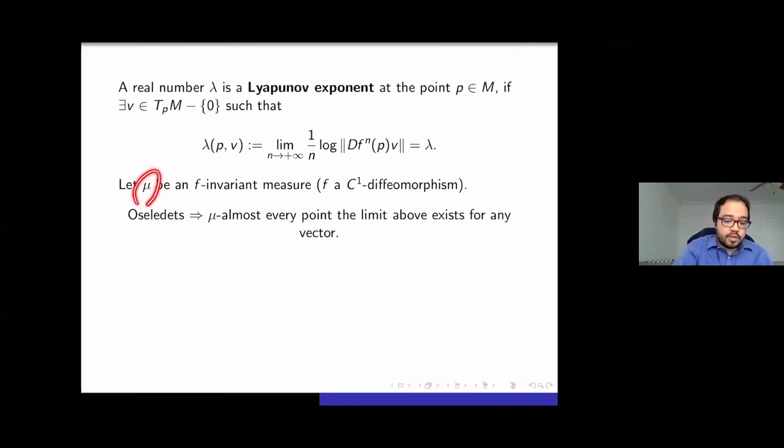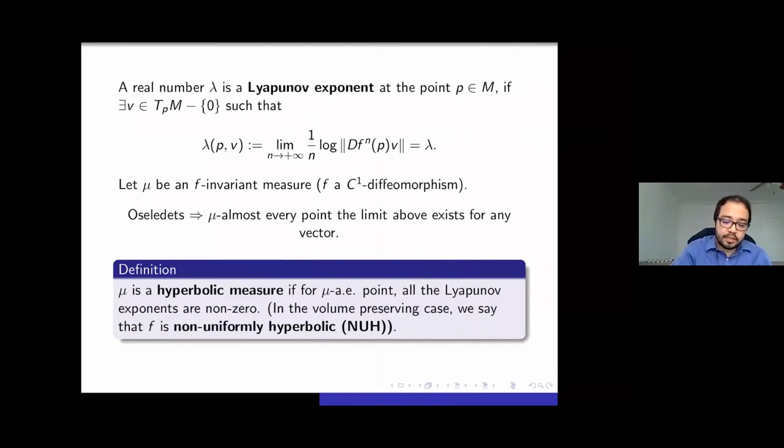Given some invariant measure, for example for a C^1 diffeomorphism, you have Oseledets' theorem, which I'm not going to state precisely. A consequence is that for almost every point with respect to this measure, this limit exists for any vector. So you have at most the dimension of your manifold of different possibilities of Lyapunov exponents.